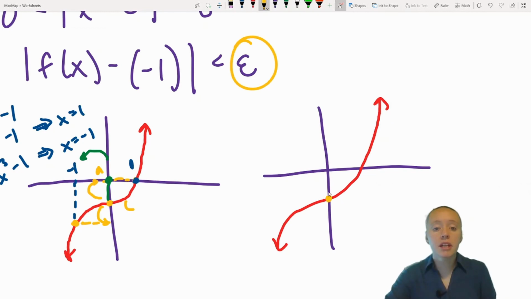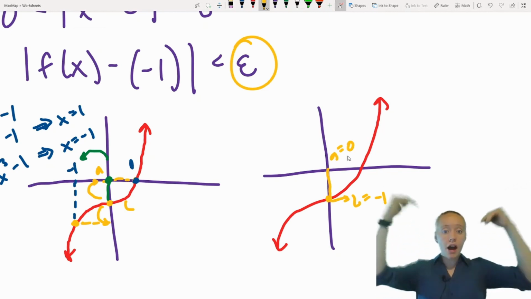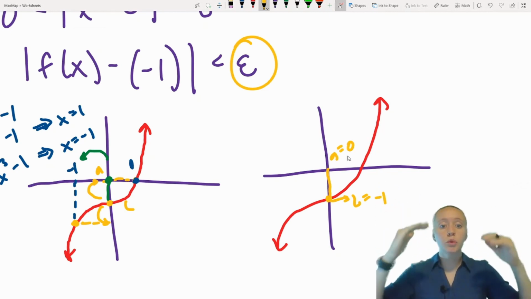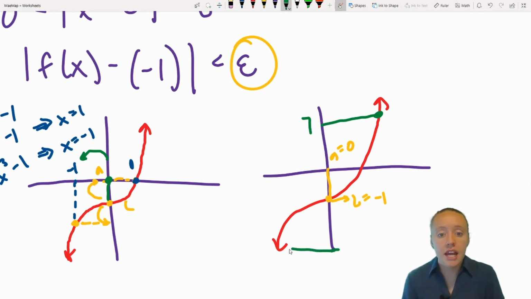I know that the limit of f of x as x approaches A, which is 0, is equal to L, which is -1. Using an epsilon value of 8, I'm either going to go up 8 from -1 or down 8 from -1. Going up 8, that's going to be -1 plus 8, which brings me up to a +7. -1 minus 8 is going to bring me down to a -9.